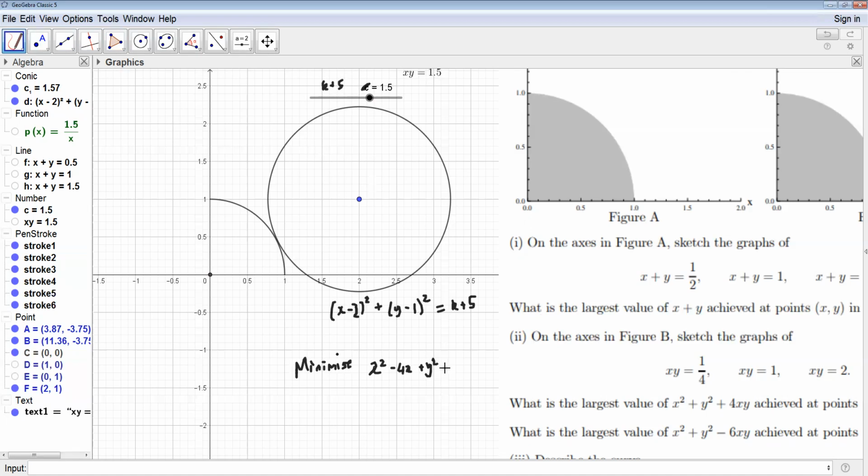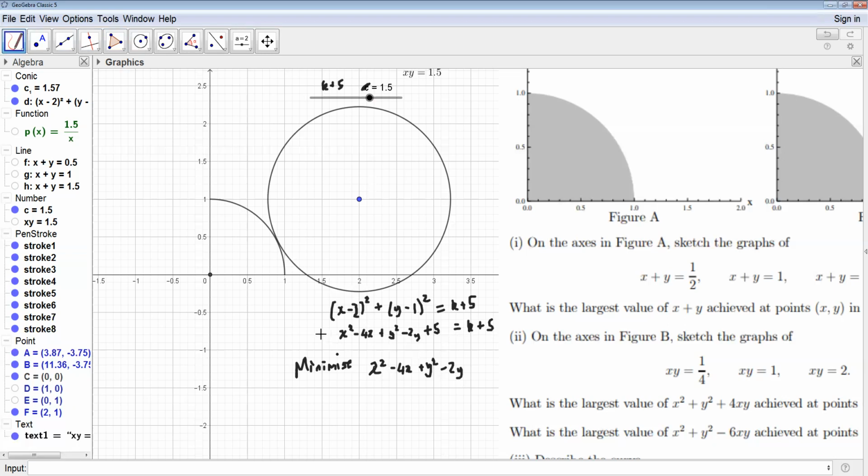Now that's not exactly the same as this, because if I were to multiply out these brackets on the left-hand side, I would have an extra plus 5. That's okay, because this will be minimized when this one is minimized, because it's just 5 greater. It just means I need to take away 5 at the end of the question.